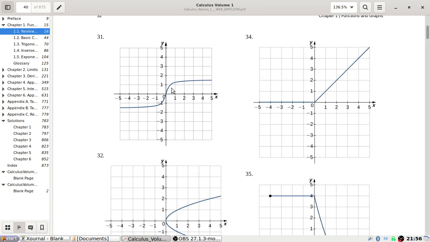Okay, so I think this time these do look like asymptotes. I don't think this is supposed to extend up to infinity. I know what graph that is.